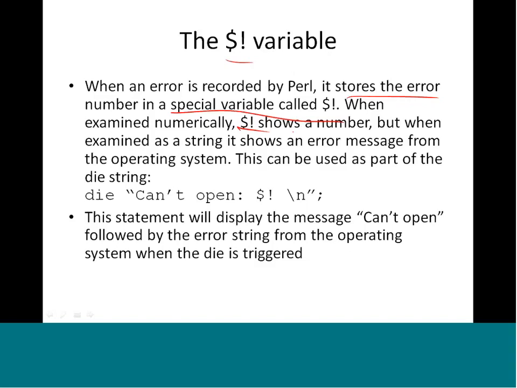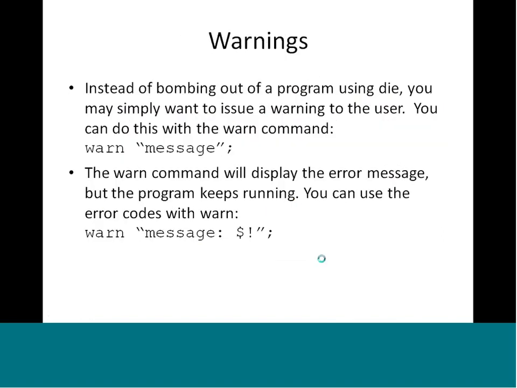We can use this as part of the die string, like die "can't open $!\n". This statement will display the message can't open followed by the error string from the operating system when the die is triggered.